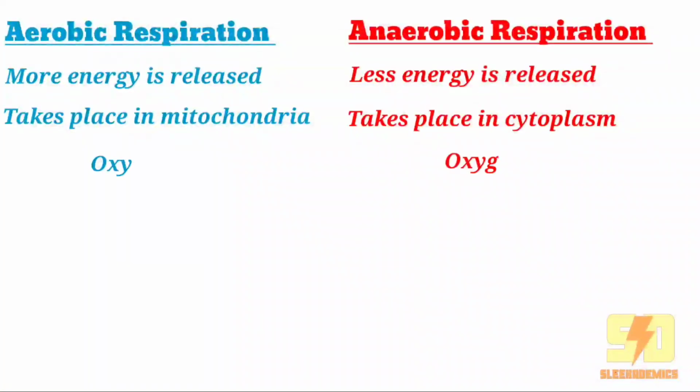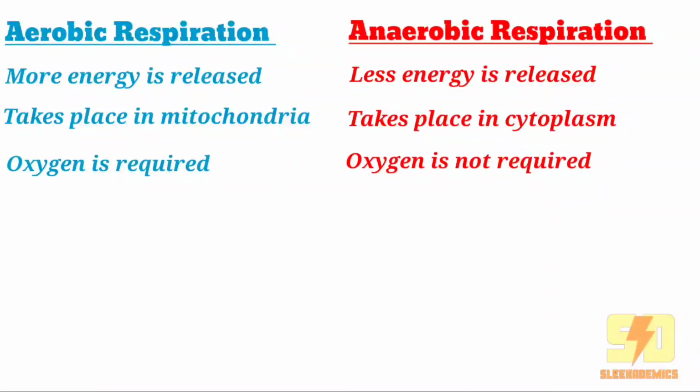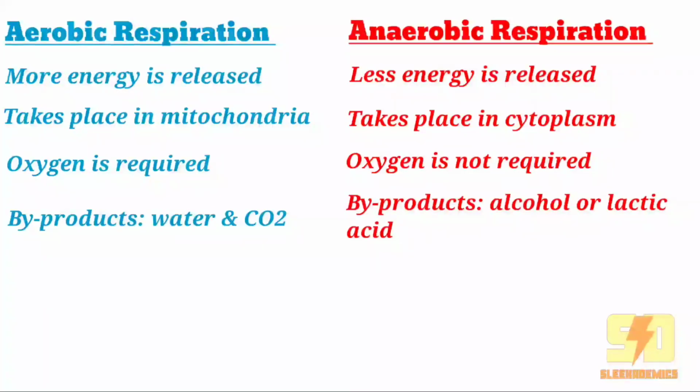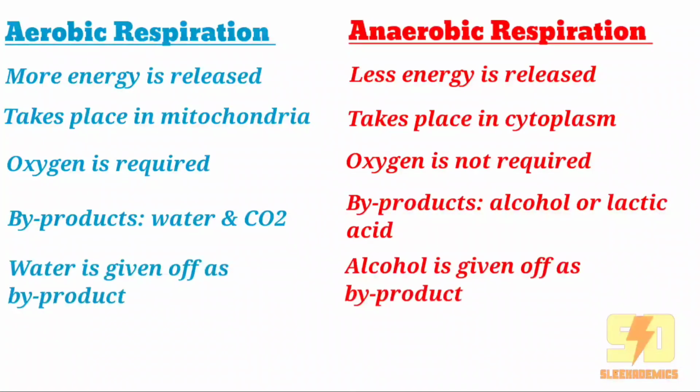Thirdly, oxygen is required for aerobic respiration, and anaerobic respiration does not require oxygen. Fourth, the byproducts of aerobic respiration are water and carbon dioxide, while the byproducts of anaerobic respiration are alcohol or lactic acid. Finally, water is given off as a byproduct, while in anaerobic respiration, alcohol is given off as a byproduct.